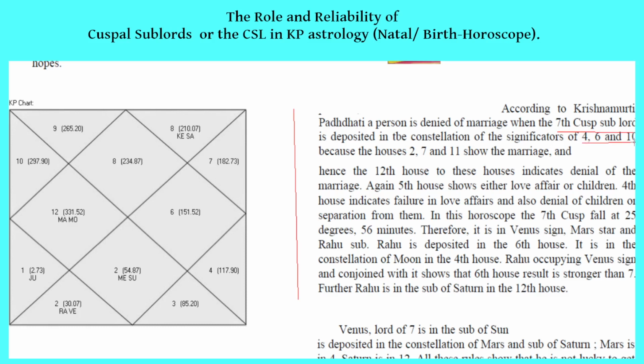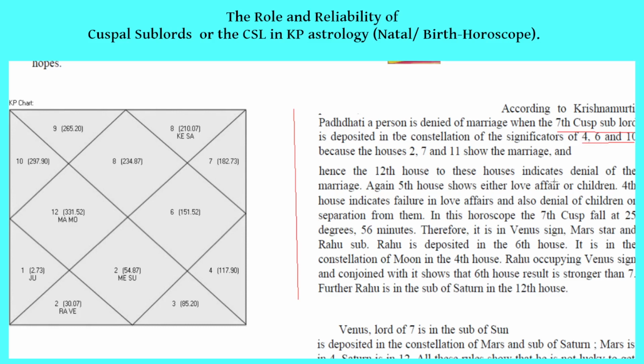Normally, it is generally accepted these days that 1, 6, and 10 are for the denial. But here Shri KSK has mentioned 4, 6, and 10. Why the 4th? Because it shows the denial of children. But I don't know, later Shri KSK might have thought that people can still get married even if they have no chance of getting any children. So that's one thing that I want to point out.